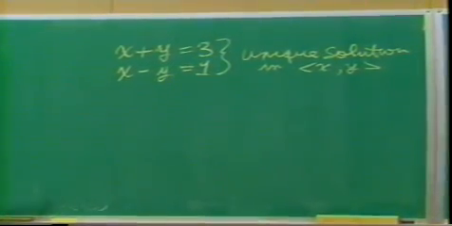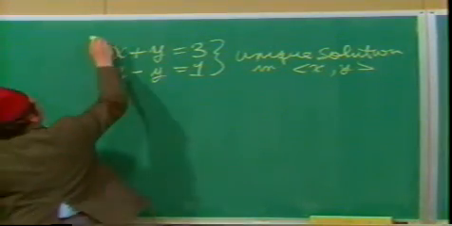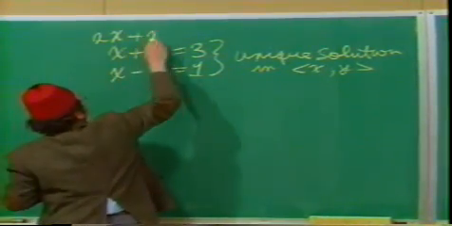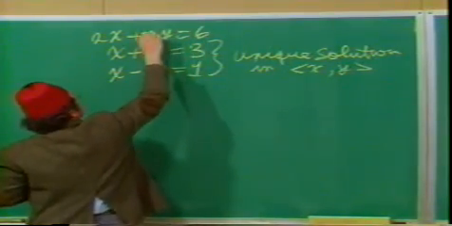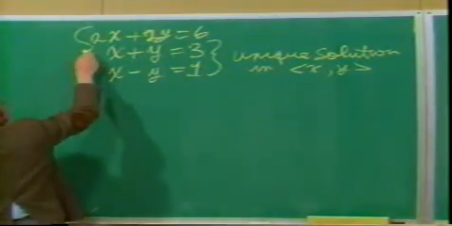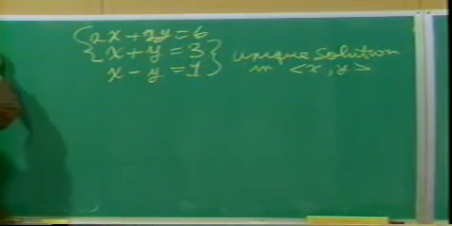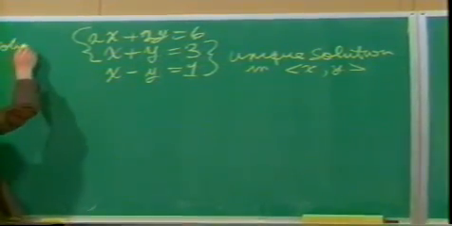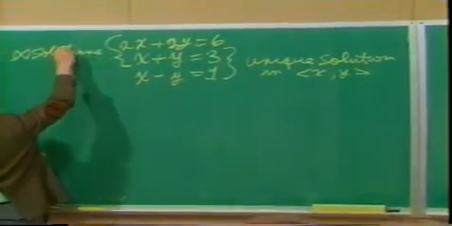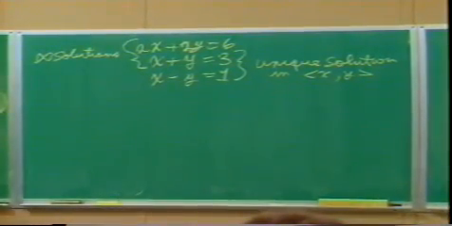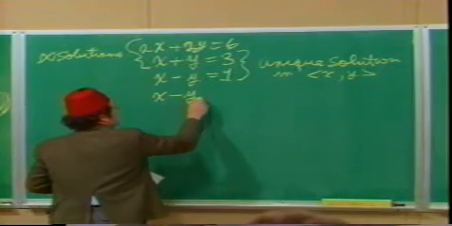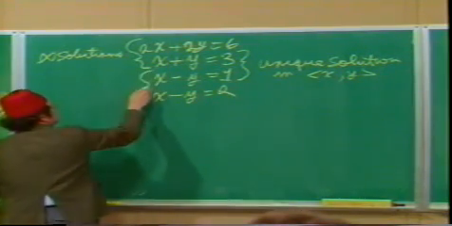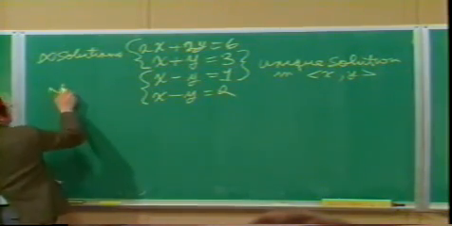However, I could also write 2x plus 2y is 6. These two equations have an infinite number of solutions. And I could write you, for example, x minus y equals 2, and these two equations have no solutions.